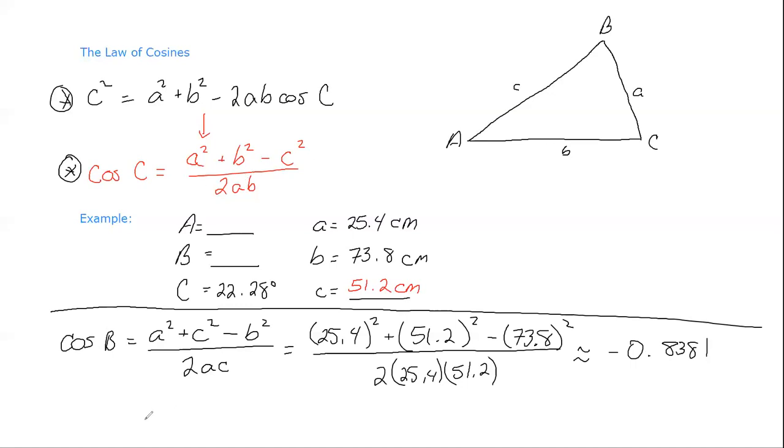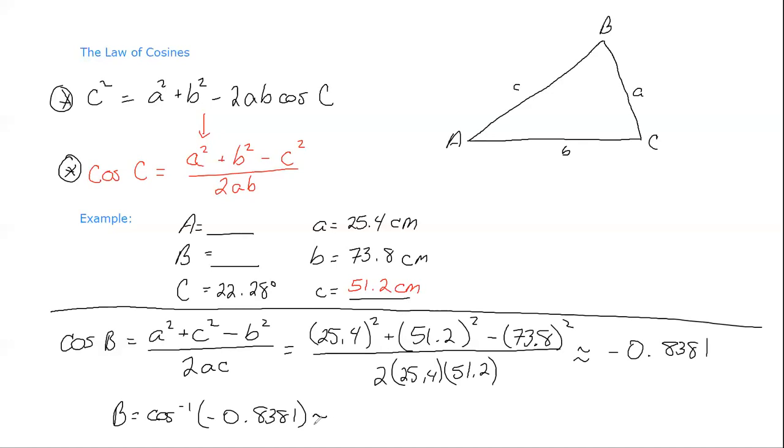So what I'm going to do is just take the inverse cosine of this number over here. So negative 0.8381. And since angle C is in degrees in this problem, make certain that your calculator is in degree mode for this.